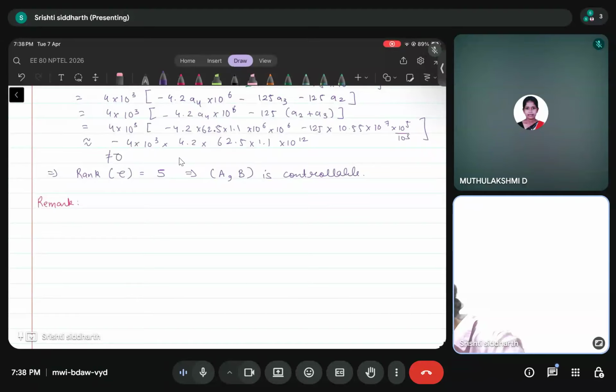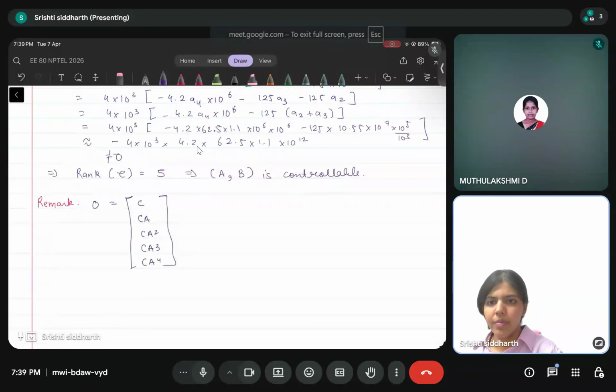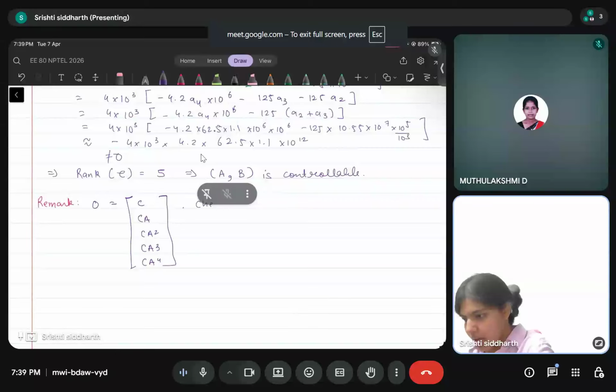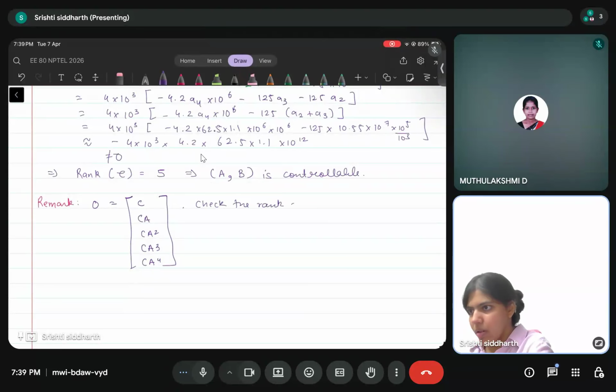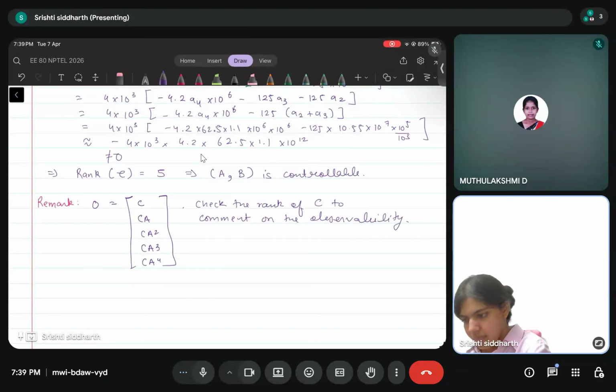The observability matrix would be C, CA square, and so on, and you can check the rank of it to comment on the observability of the system. You can also use the Hautus test.